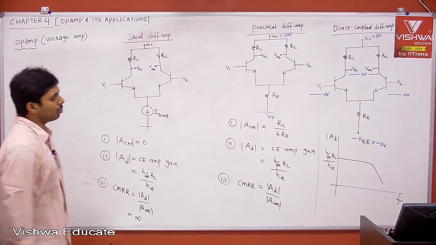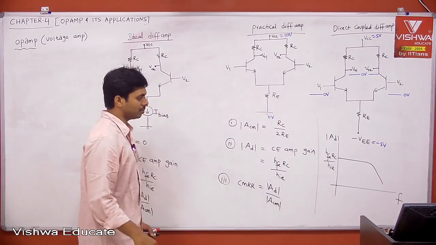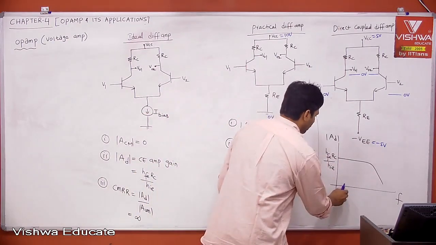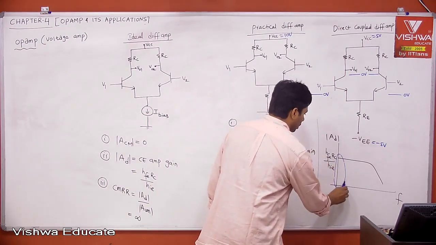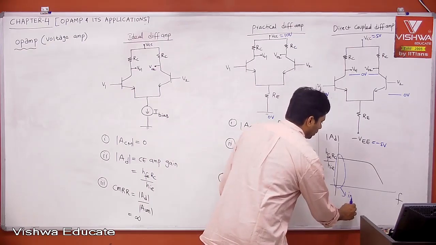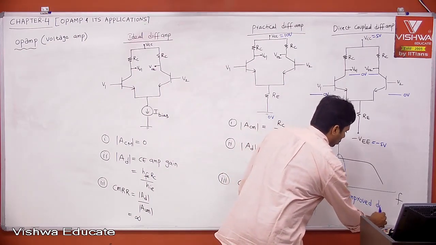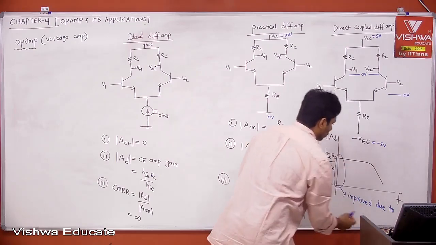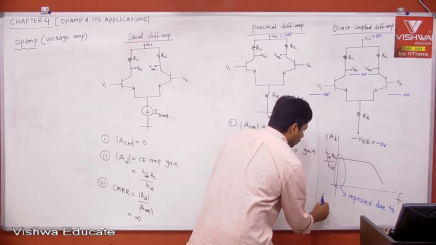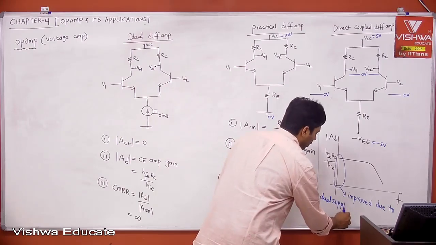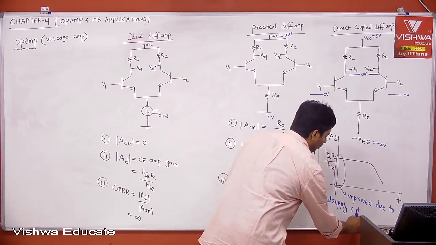Now you got a low pass filter. Your low frequency response is improved. Therefore, completely your low frequency response is improved due to the dual power supply and the differential amplifier.